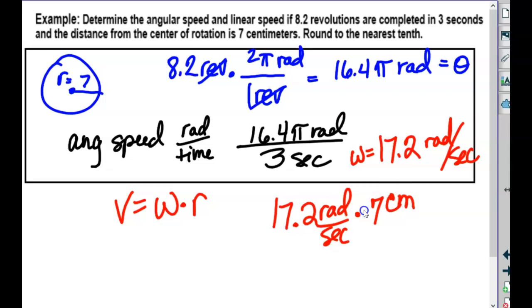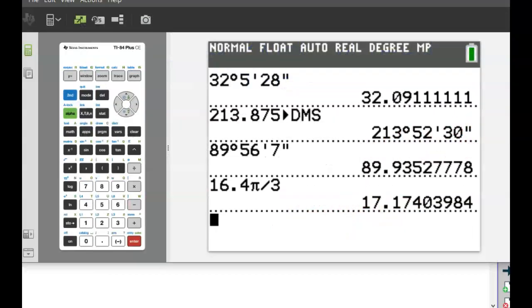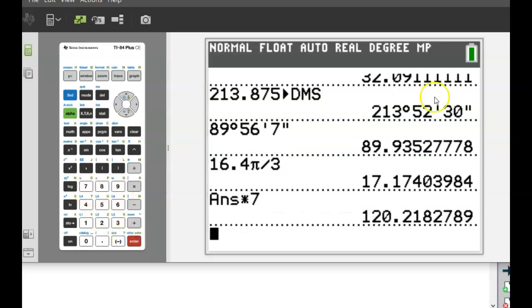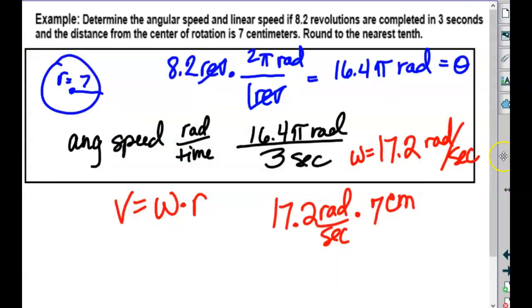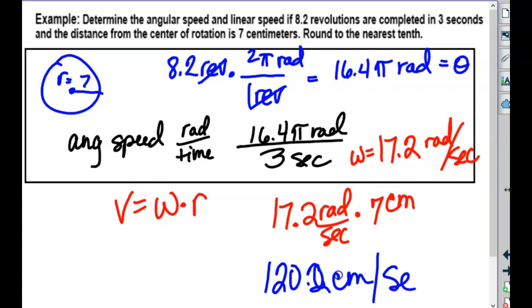So if you take that answer we just found, I leave the whole decimal on mine, times 7 centimeters, I got 120.2, but if you round it, you probably get a slightly different answer, which is fine. Just show your work. I got 120.2. I don't know what you got. And now it's centimeters per second.